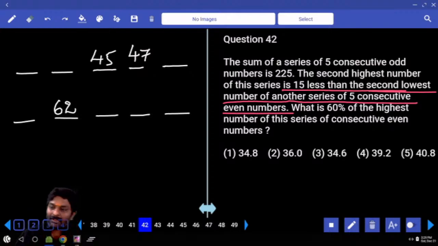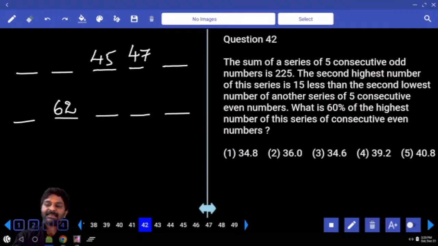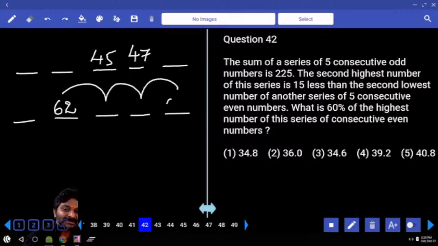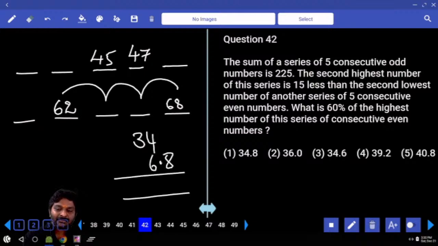Understand? What is 60% of the highest number of this series of consecutive even numbers? Where difference is 2, right? Come on, start telling me. Next number. Next. Last. And we need to find out 60%, right? 50% plus 10%. 50%. 10%. Sum. Fifth option.